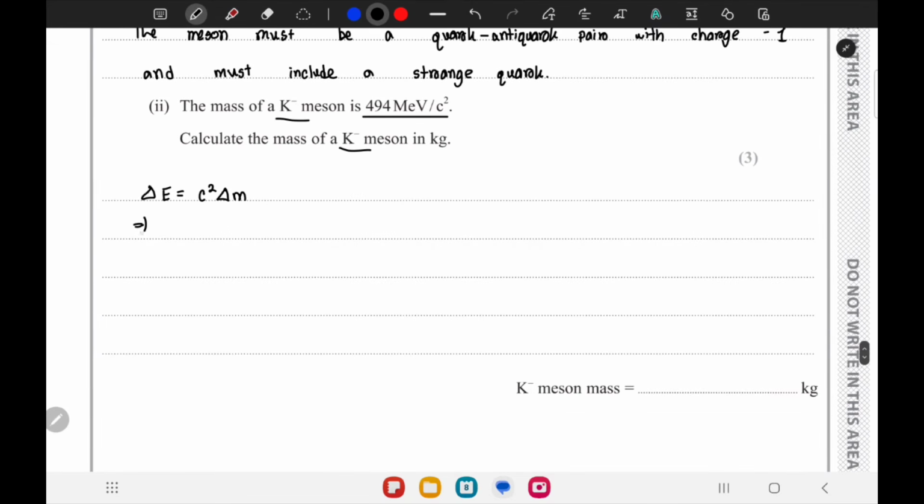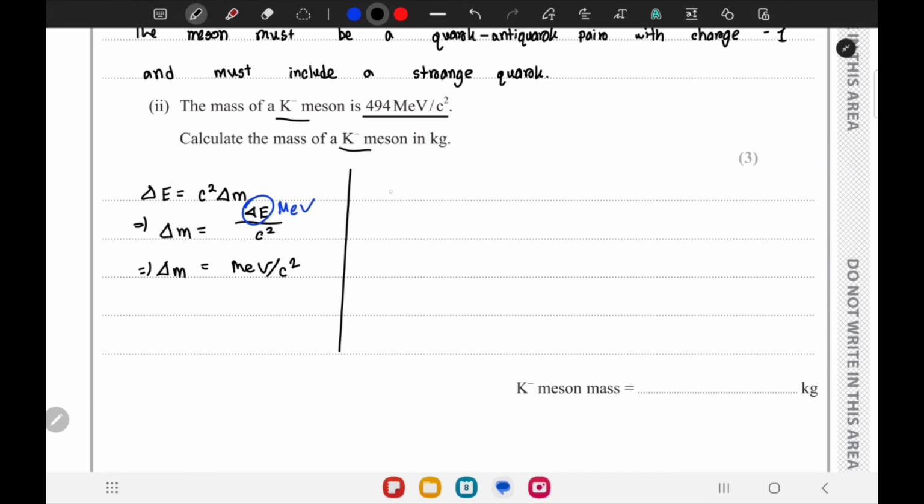If we make delta m the subject, we get delta m equals change in energy per c squared. Now if we write the change in energy in mega electron volt, the unit of mass comes out to be mega electron volt per c squared. This is how MeV per c squared is a unit of mass.